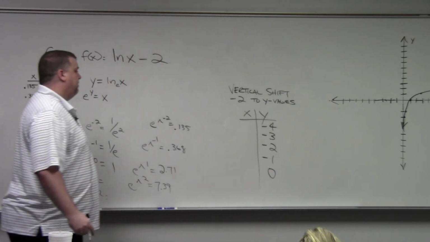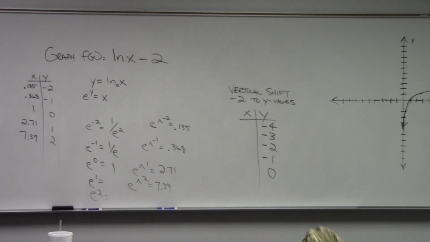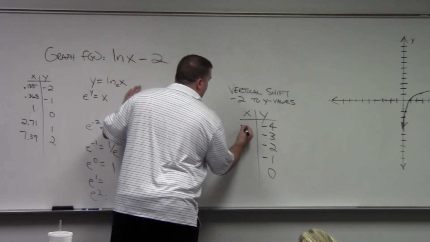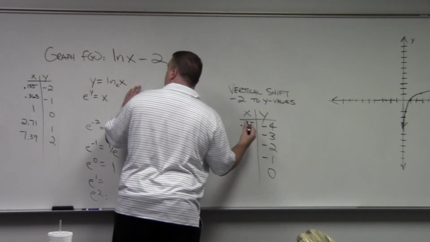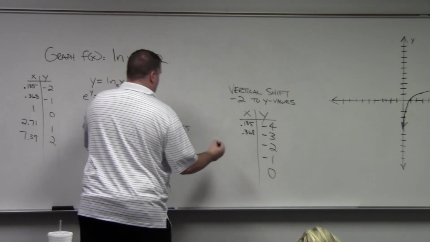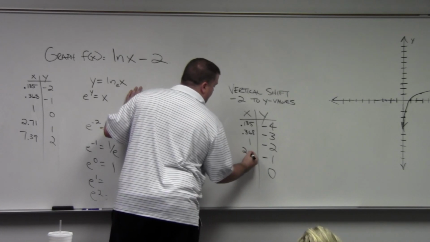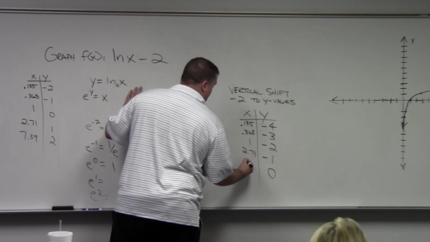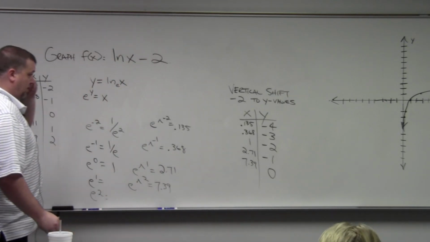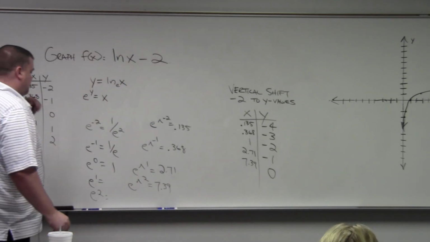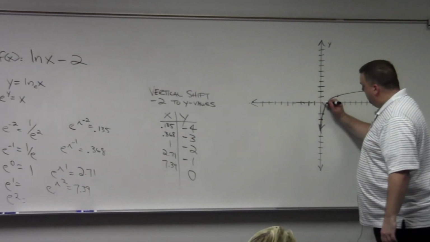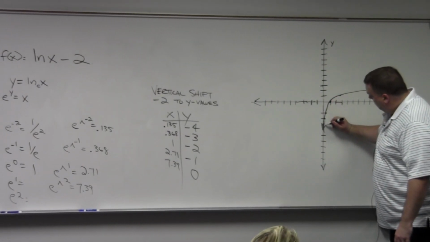Is that vertical shift affecting any of my x values? No. They're going to stay the same. So 0.135, 0.368, 1, 2.71, 7.39. Let's take those values now and plot them. 0.135, -4.